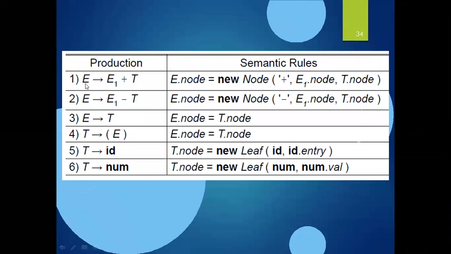Only for the non-terminals we need to use make node of. And here make leaf of, or new leaf of, num. It creates the node for the number with label num, and val is for the value of that number, num.val, the value.